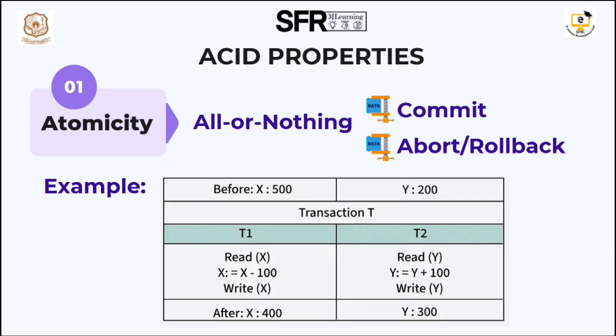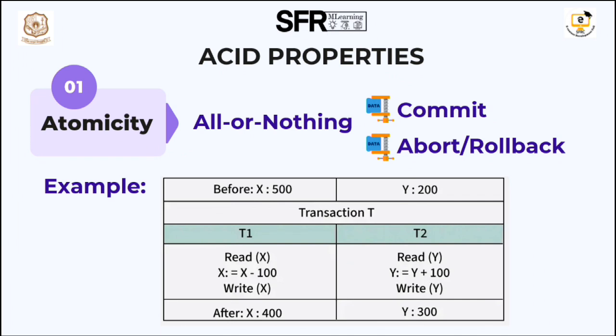Consider the following transaction T, which consists of T1 and T2, that is, transfer of $1,000 from account X to account Y. If the transaction fails after completion of T1 but before completion of T2, the database would be left in an inconsistent state. With atomicity, if any part of the transaction fails, the entire process is rolled back to its original state and no partial changes are made.